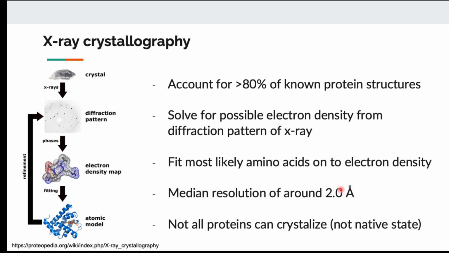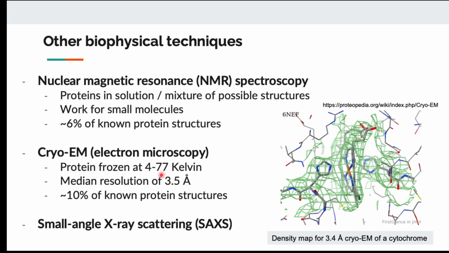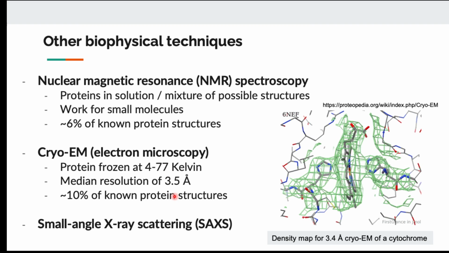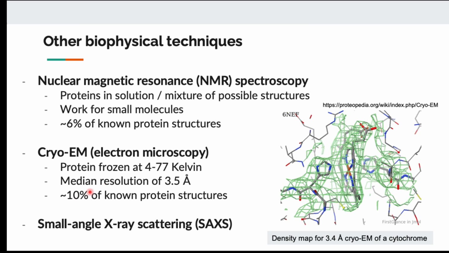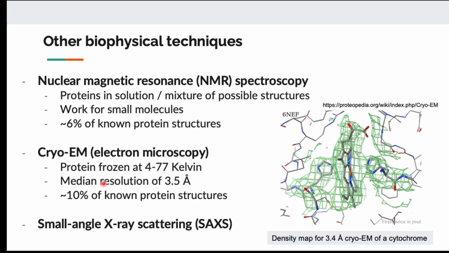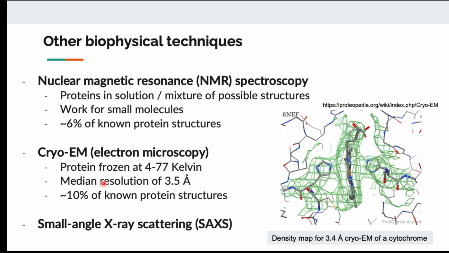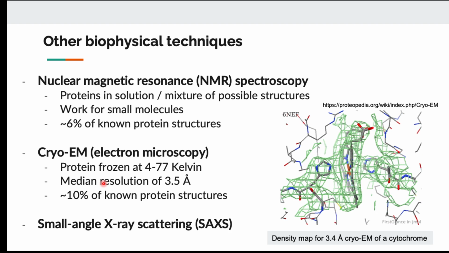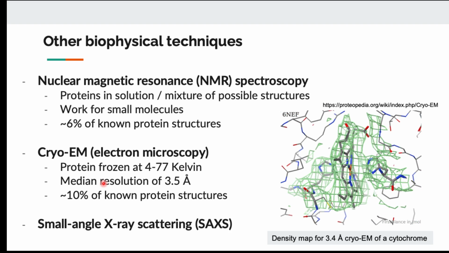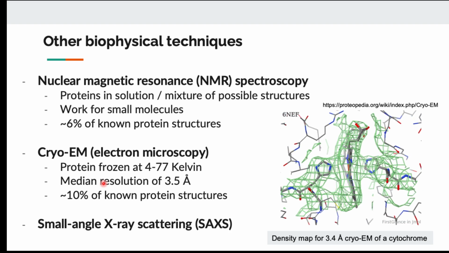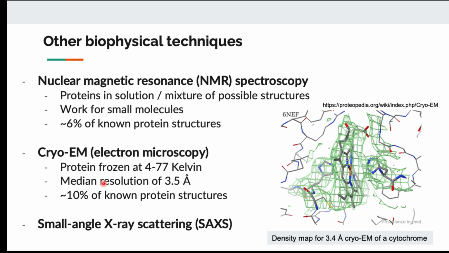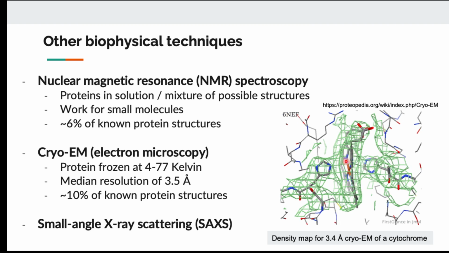X-ray is about 2 angstrom, cryo-EM is about 3.5, so it's 2 times less accurate. But cryo-EM can work for larger proteins. You can freeze protein regardless of the size, and because you don't force it to form a crystal structure, it can look more like the native conformation inside the cell.